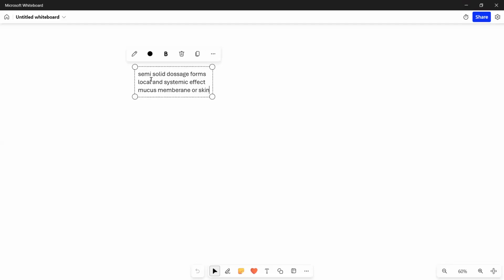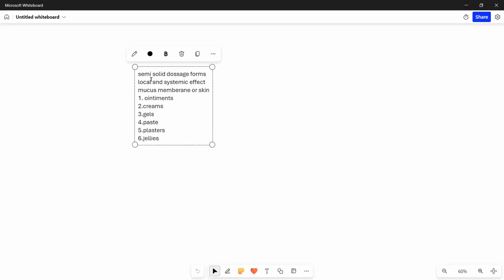The different types of semi-solid dosage forms include ointments, creams, gels, pastes, plasters, and jellies.